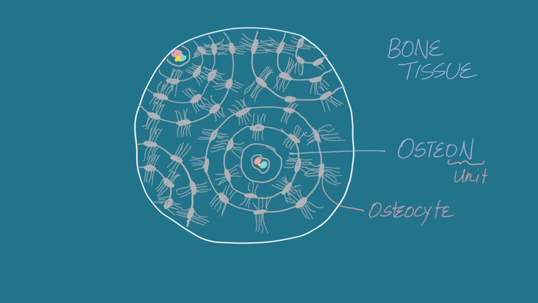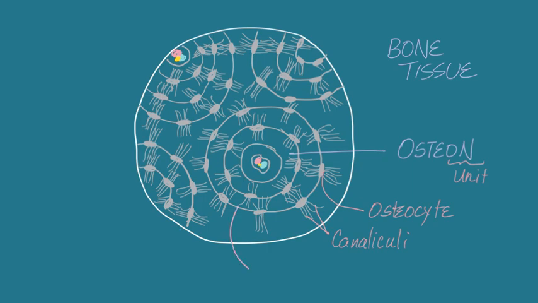Now for the osteocytes. An osteocyte is supplied with long cellular extensions called canaliculi. These canaliculi are very important because they help the osteocyte to carry out its function, which is the maintenance of the bone matrix.